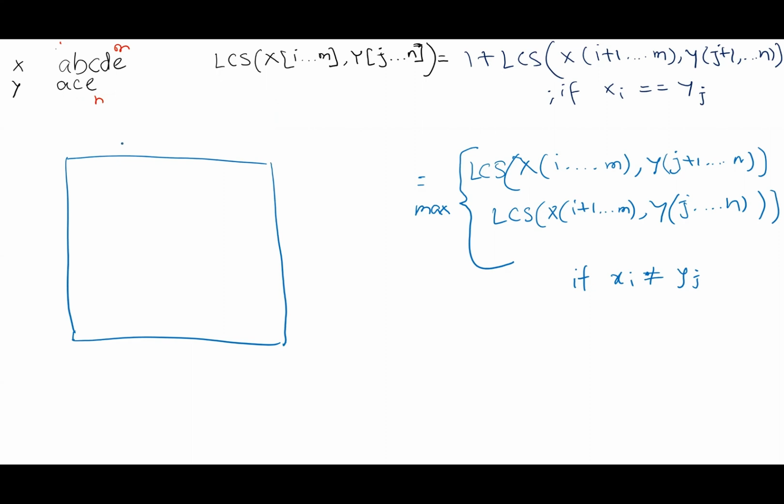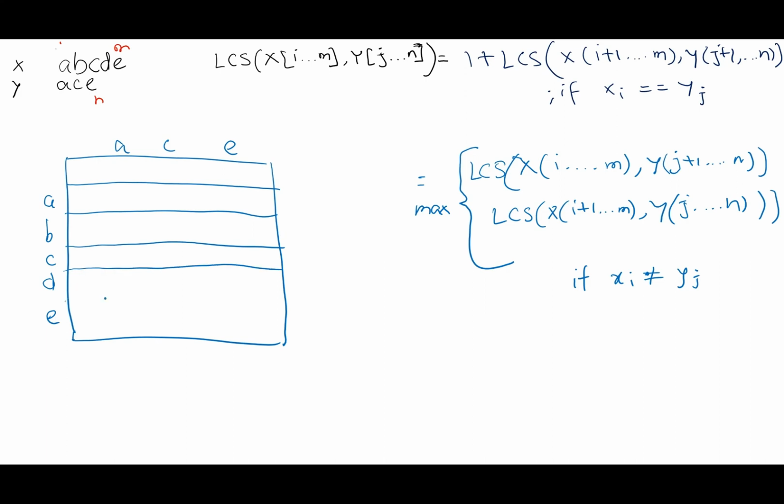Okay, so the characters are A, C, E, and this is A, B, C, D, E. So for any recursive problem, we are trying to solve this recursive problem using dynamic programming, because we already mentioned that if we use brute force, it's going to be exponential, right?